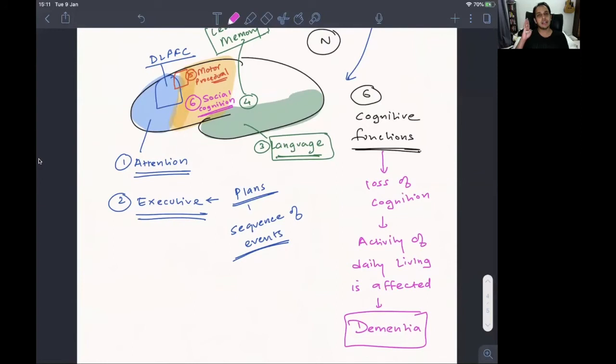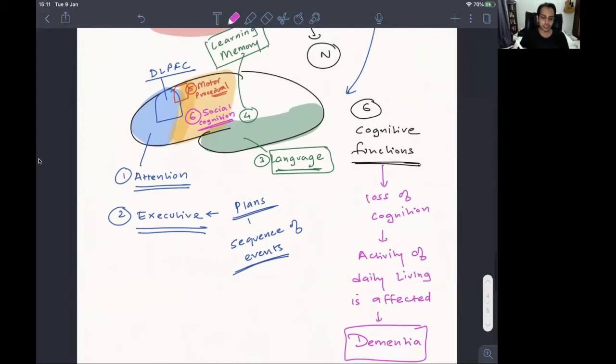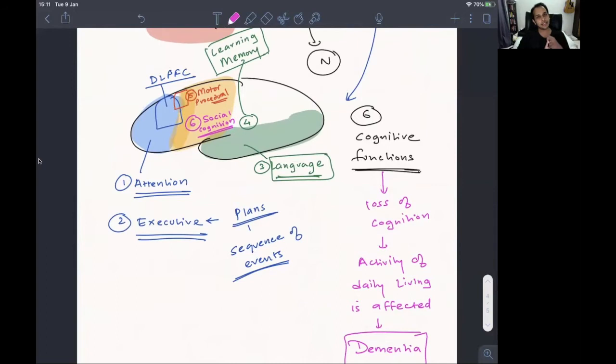Dementia is when your activities of daily living are affected because of a loss of cognitive functions. What are the cognitive functions? These six: attention, executive function, learning memory, language, motor procedural skills, and social cognition. If any one of this is lost or one or more is lost, then the final end result will be that your ADL, your activity of daily living, will be affected, and that is dementia.